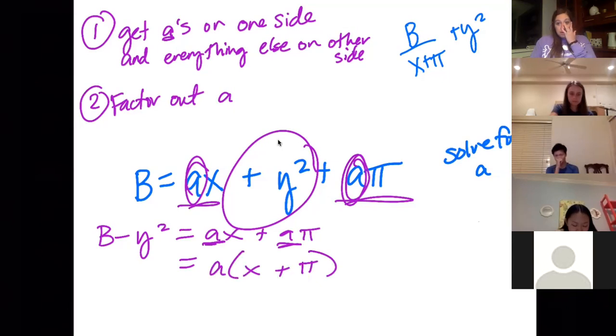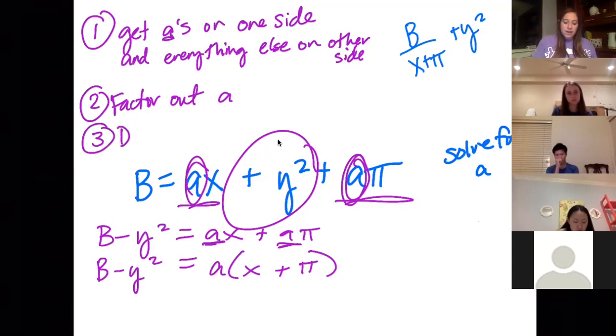And I know that I did it right because if I imagined redistributing it back out, it would be right back to where I started. So I can mentally check myself, did I do it correctly? And I still have this b minus y squared on the left. I haven't touched that. And then the final step is divide by stuff in parentheses.